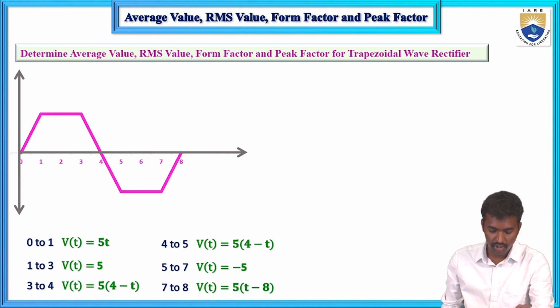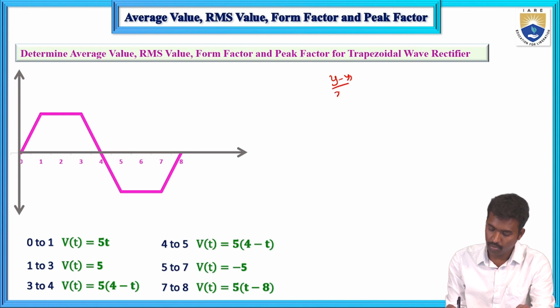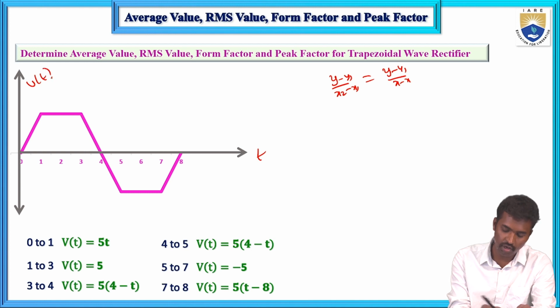now here v of t equals, same thing, y2 minus y1 divided by x2 minus x1, that equals y minus y1 divided by x minus x1. Here this is t and this is v of t.